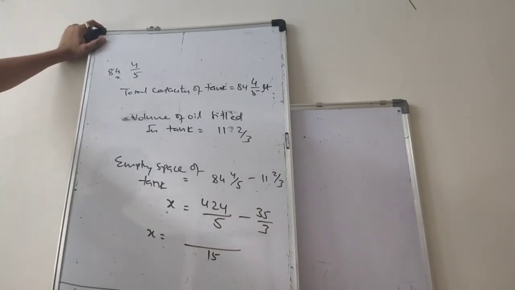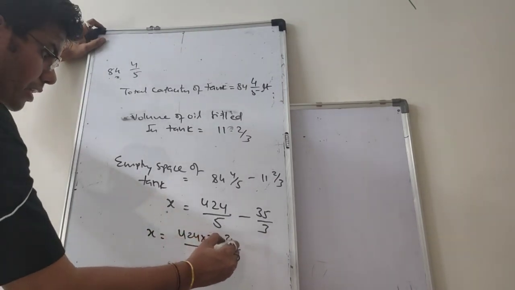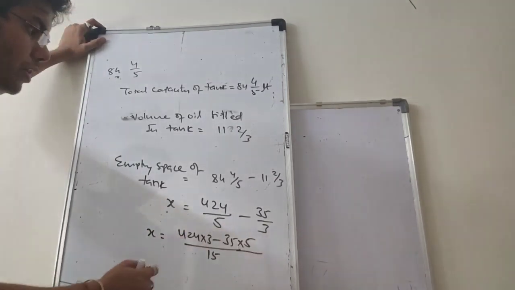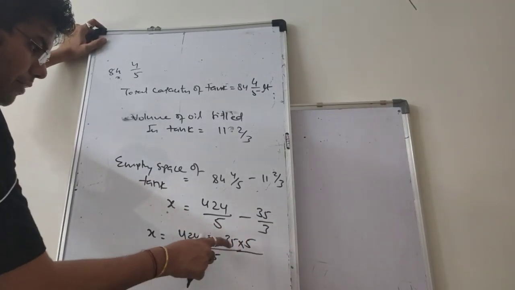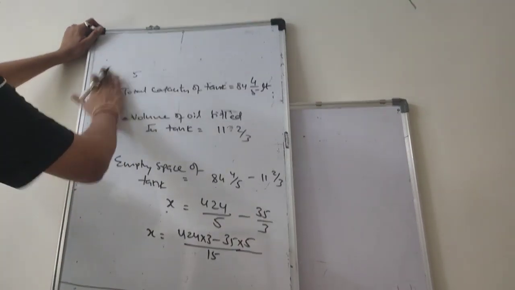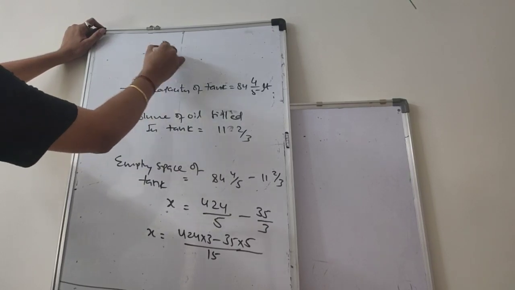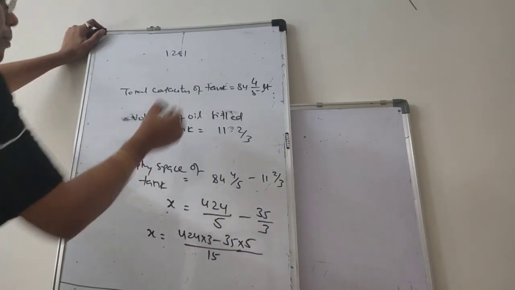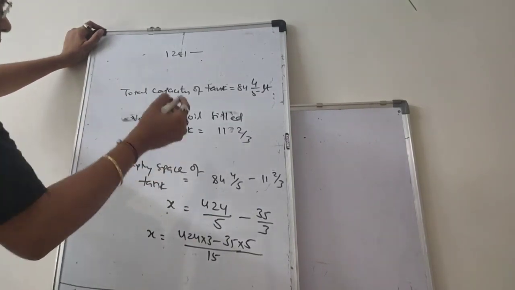Now 15 divided by 5, the quotient comes 3. 3 is multiplied by 424, into 3, minus 35 into 5. Because when 15 is divided by 3, the quotient comes 5. 5 is multiplied by 35. Now 424 is multiplied by 3.